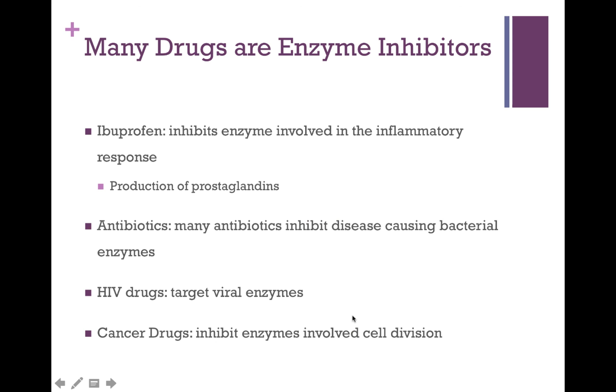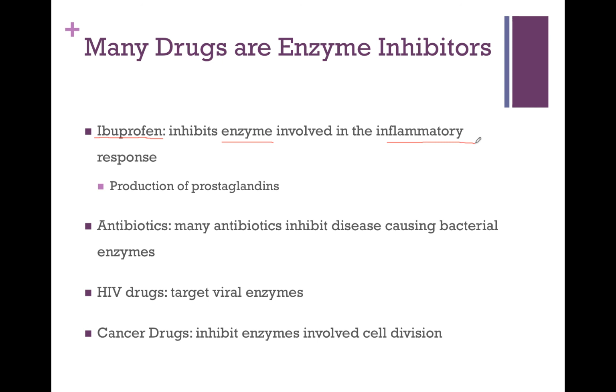This is not always a bad thing. There are many medications that are enzyme inhibitors. For example, ibuprofen. Ibuprofen is a very useful and helpful anti-inflammatory medication. Why? It inhibits the enzyme involved in our inflammatory response.